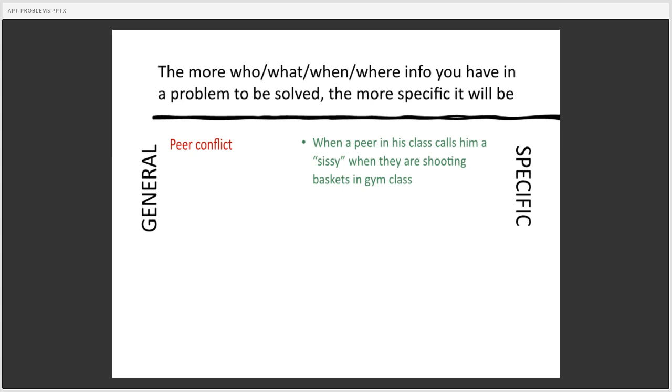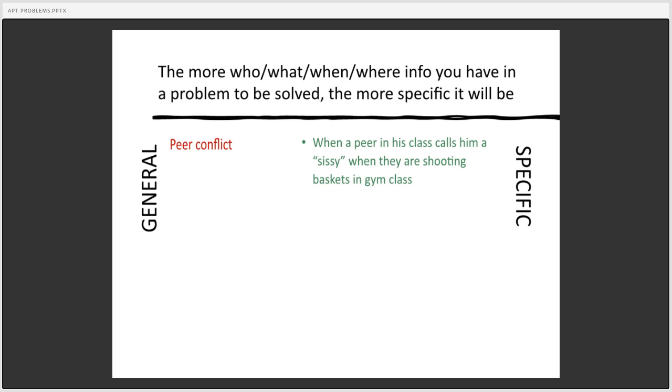And so this has a peer in his class, that's the who. What is they call him a sissy. When is when they're shooting baskets, and that's kind of the what too. It's kind of the situation in which it's happening. And then in gym class is the where. In gym class, I'm sure there's a time for gym class, so we could say on Tuesdays and Thursdays at 1 o'clock. So that has all those elements in it. That's a really specific problem to be solved.